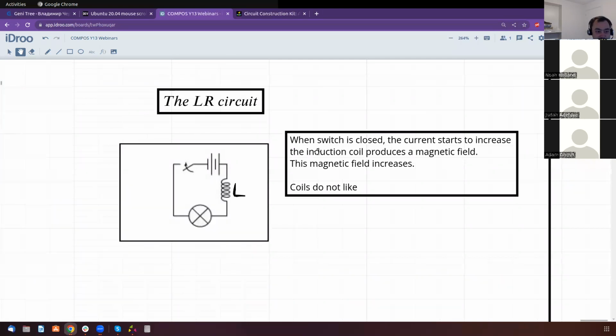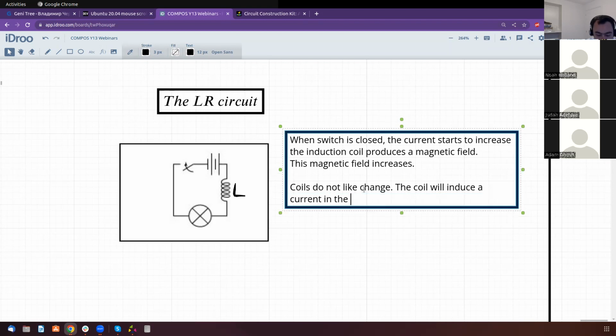So when the switch is closed, the current starts to increase. Yes, because that's what current does. The induction coil produces a magnetic field. This magnetic field increases. Coils do not like change. The coil will induce a current in the opposite direction.